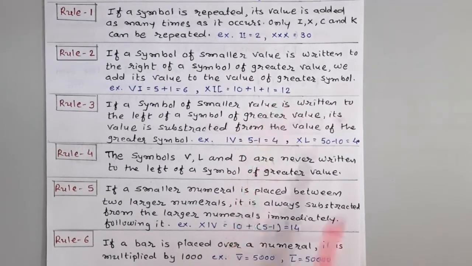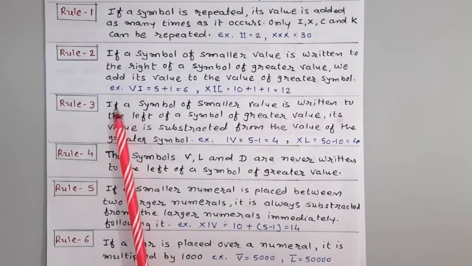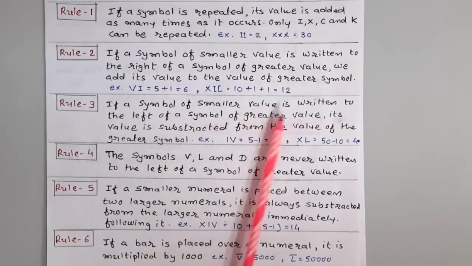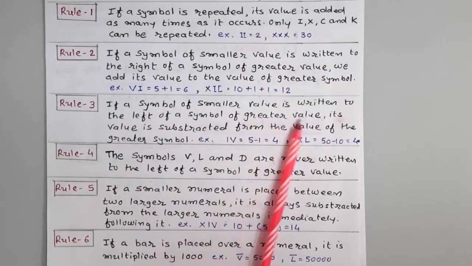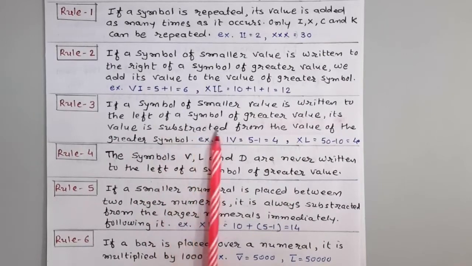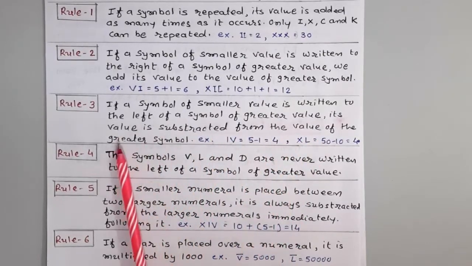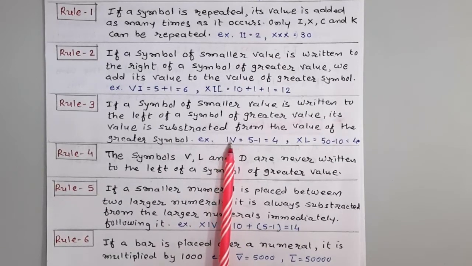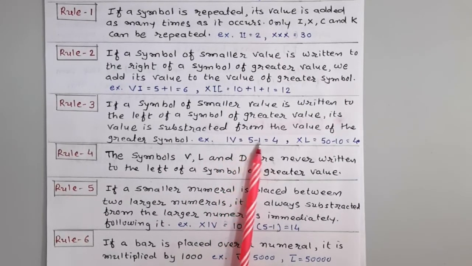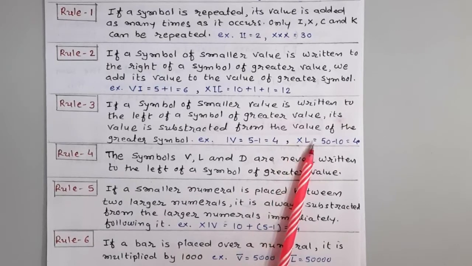Rule number 3: if a symbol of smaller value is written to the left of a symbol of greater value, its value is subtracted from the value of the greater symbol. For example, IV means 5 minus 1. XL means 50 minus 10, which is equal to 40.